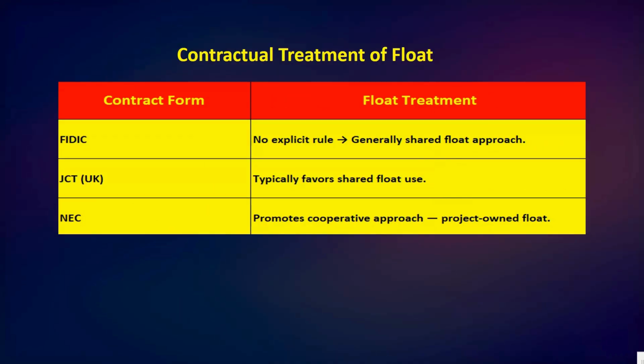Next we have the contractual treatment of float. Here you can see the contract form, then the float treatment. First we have FIDIC: no explicit rule, generally a shared float approach. Second, we have JCT UK, which typically favors shared float use.